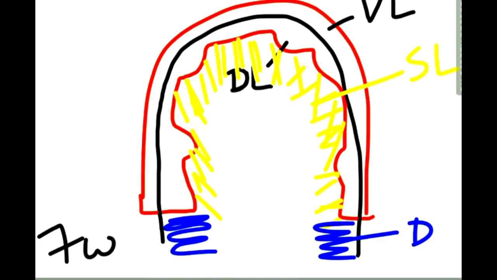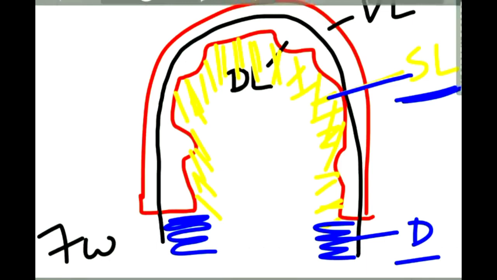Also, keep in mind this successional lamina is functional from 5th month in utero to 10th month of age, while this distal extension of dental lamina is functional from 4th month in utero till 4 years of age. So now let's brush up.